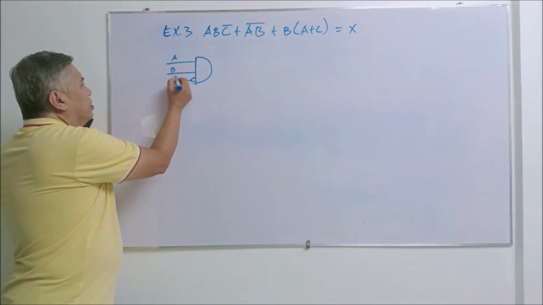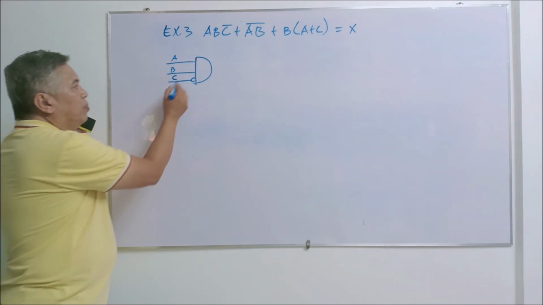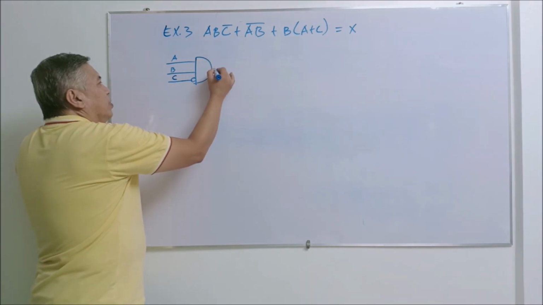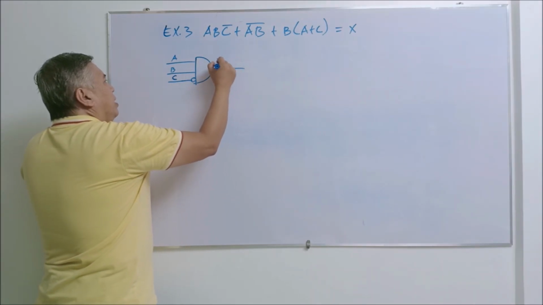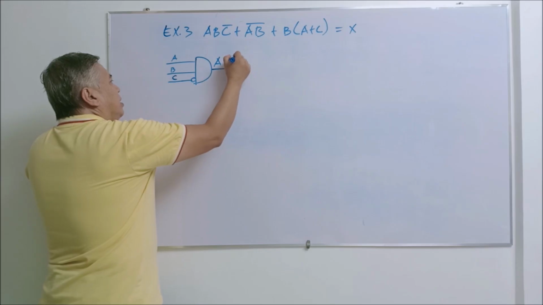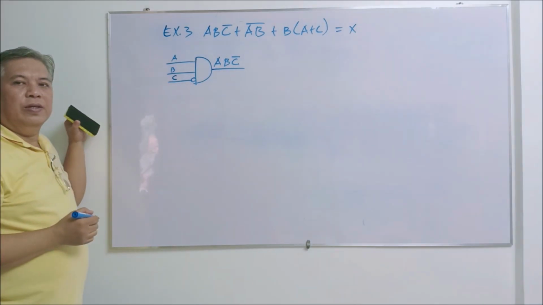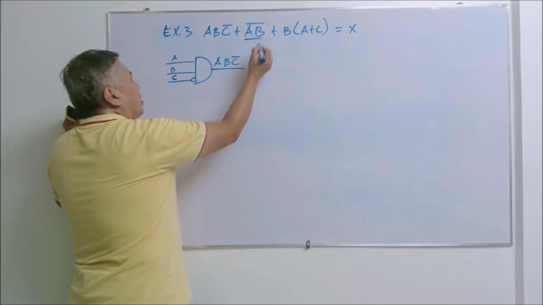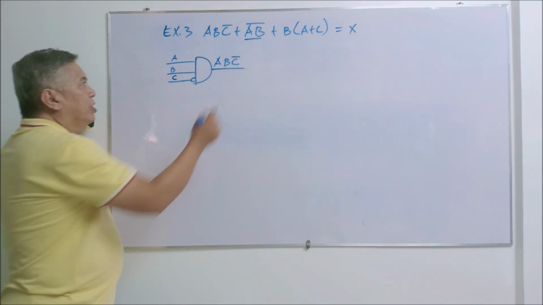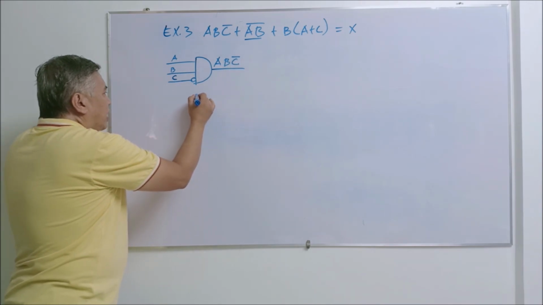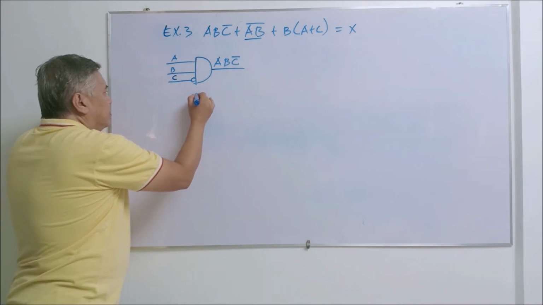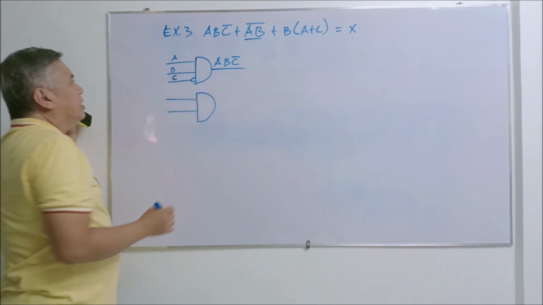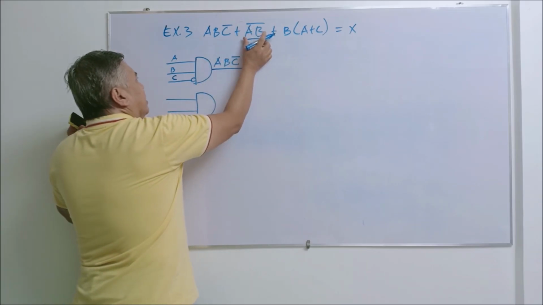And that is your C. So the output of this bubble is C complement, which is this one. So the output here will be A, B, C complement. And this gate is being ORed to A, B complement. So this is another AND gate, or not an AND gate but a NAND gate, no?